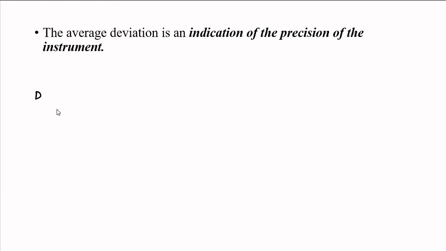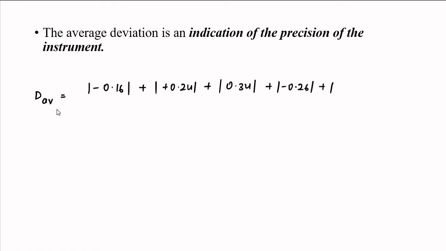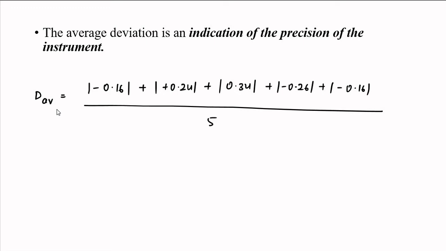The average deviation will be the absolute value 0.16 for the first reading, plus 0.24 plus 0.34, then 0.26, 0.16, divided by 5, because the number of readings that are taken is 5.